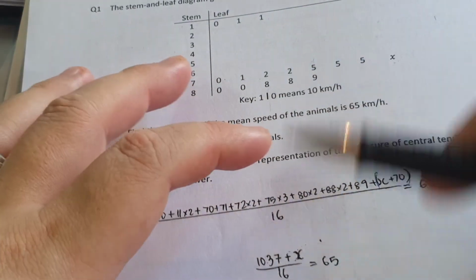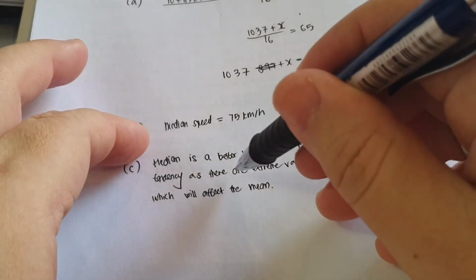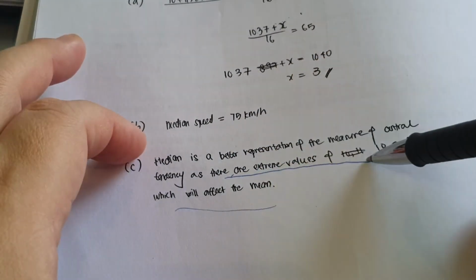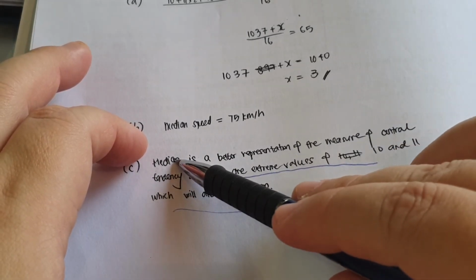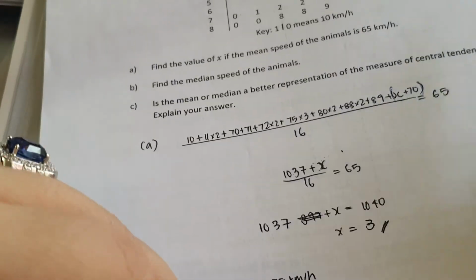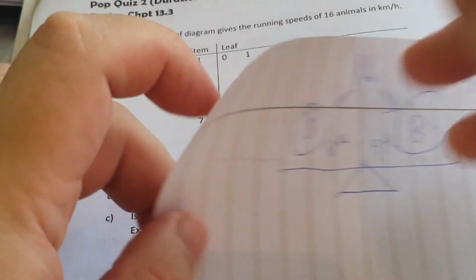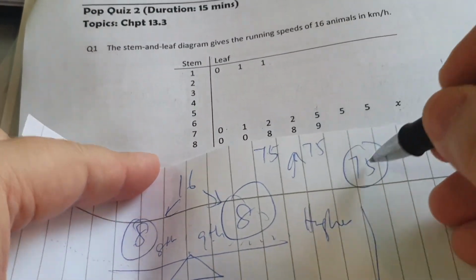So the mean is not advisable, because there are extreme values. Remember, when you have extreme values, you cannot use the mean. You must use the median. So just now the median we found is 75, meaning this group of animals is 75.